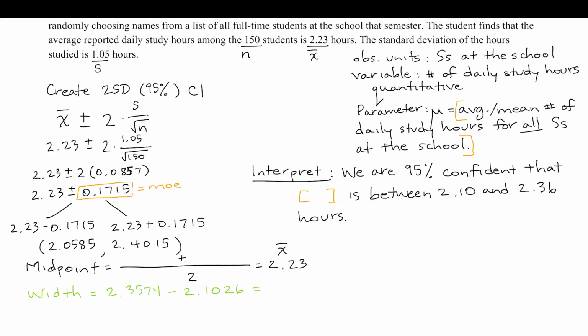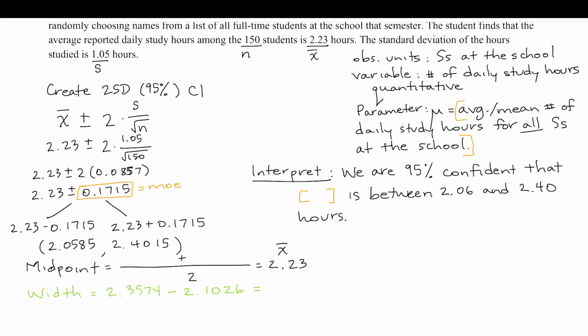So over here in my interpretation, I'm 95% confident that my parameter mu, the average of daily study hours for all students at the school, is between 2.06 and 2.40 hours.